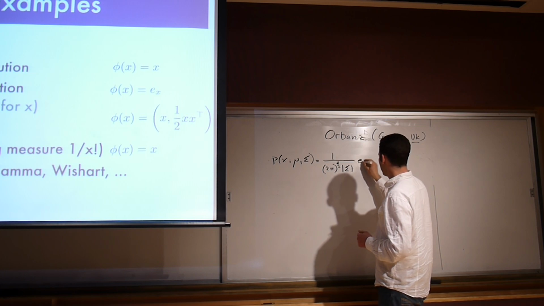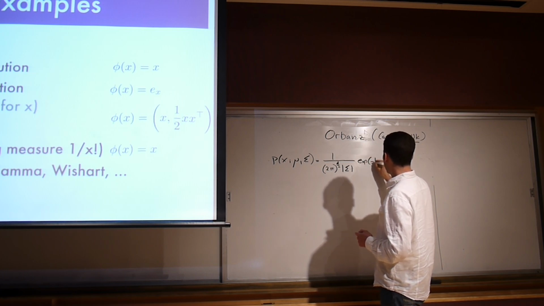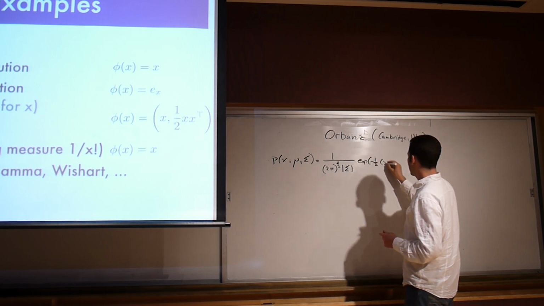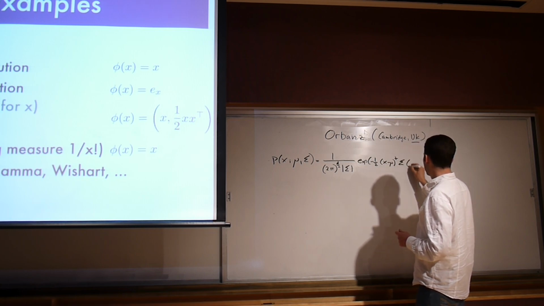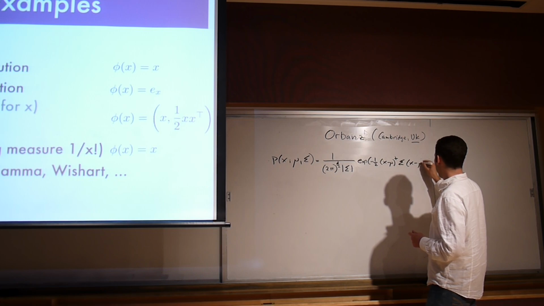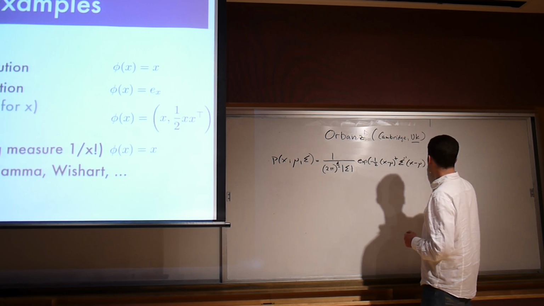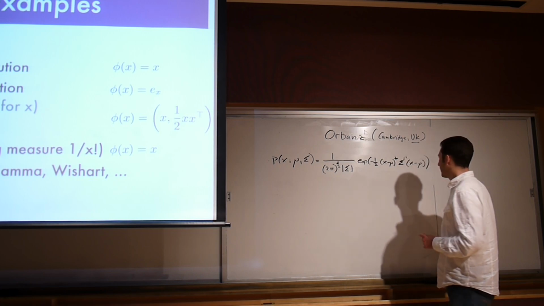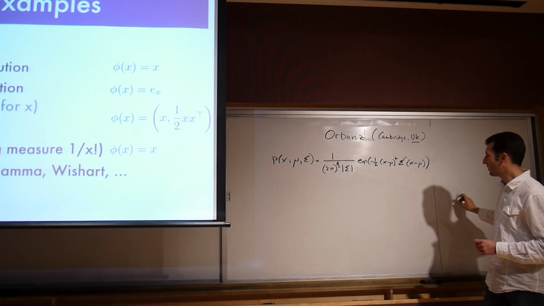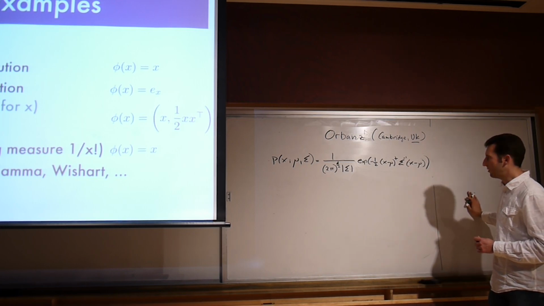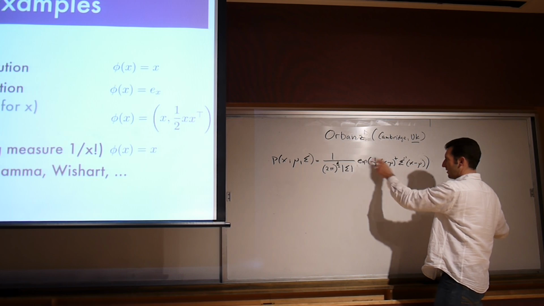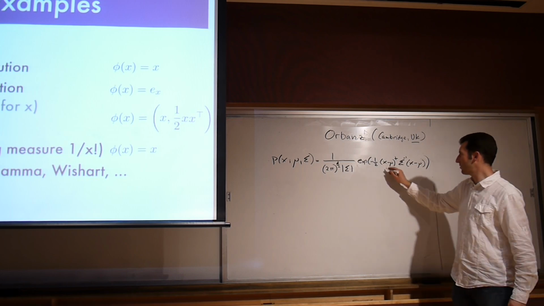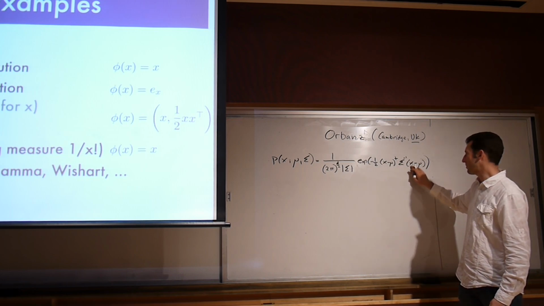And then here we have e to the minus 1/2 x minus mu transpose sigma inverse x minus mu. Okay. Now, I'm going to turn this all into an exponential. So the first step is, and the other thing I'm going to do is I'm going to peel out all the terms in x, in xx transpose.